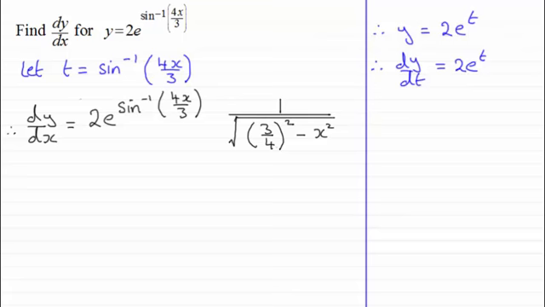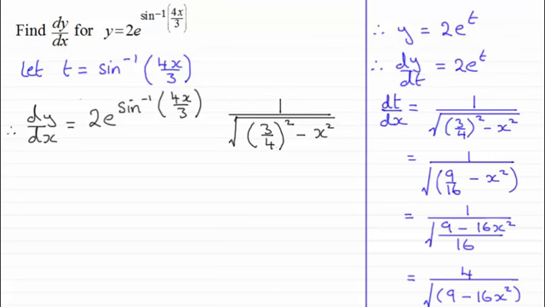Now I've worked this out earlier, and you'll see that dt by dx, this result here, can be tidied up. 3/4 all squared then is 9/16, and then I've put it all over a lowest common multiple of 16. And we can square root that 16 in the denominator to give us 4. Multiplying top and bottom by 4 gives us 4 all over the root of 9 minus 16x squared.